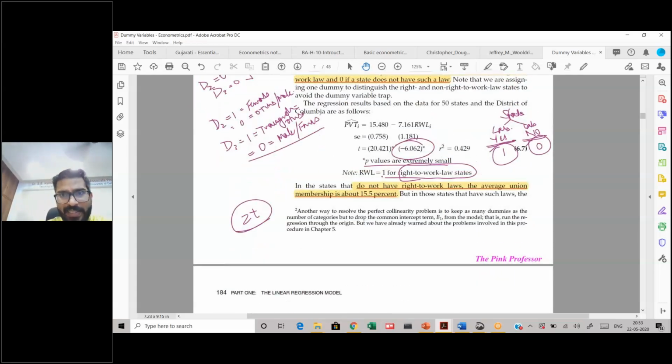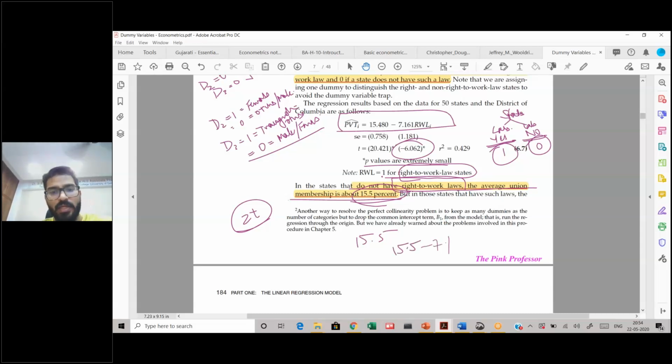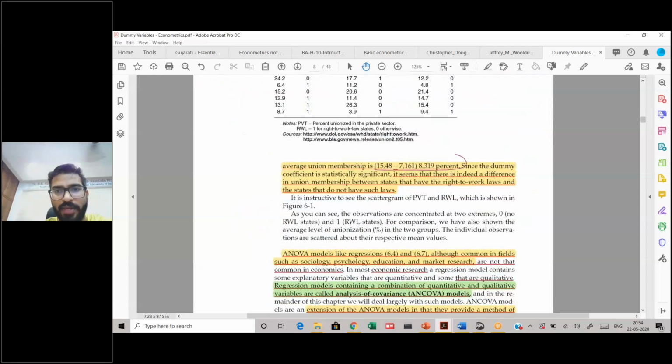Remember how to interpret this regression: in states which do not have right to work laws, the average union membership is just 15%. Whereas states which have right to work laws have a membership of 15.5 minus 7.1, so 8.3%, because we found that the dummy variable was significant.